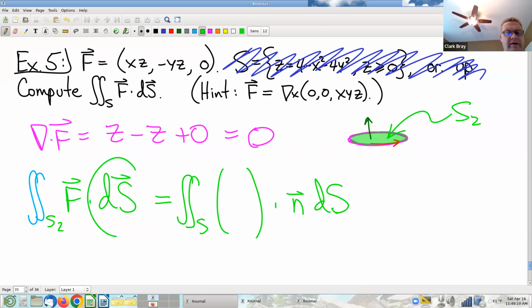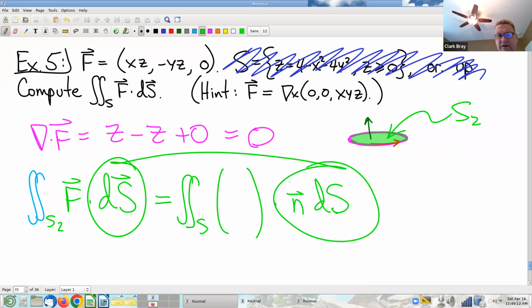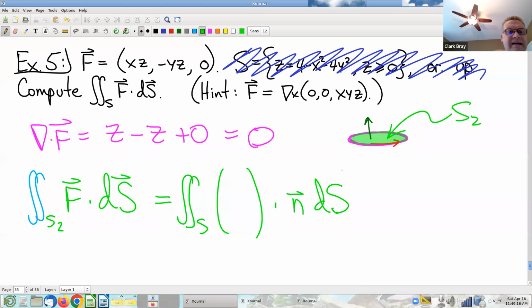I'm rewriting the dS vector as little n dS scalar, because I can write down that little n vector very easily. I can see exactly where it is. It's 0, 0, 1. It's perpendicular to a part of a flat plane and pointing upward. It has to be 0, 0, 1.